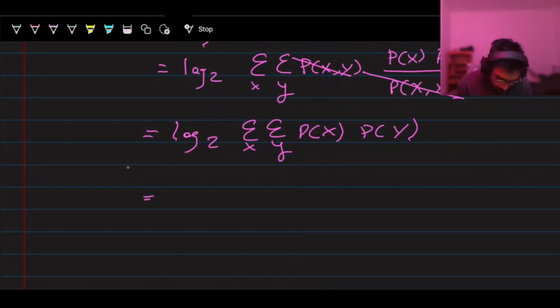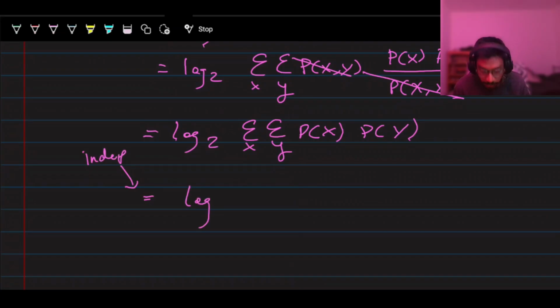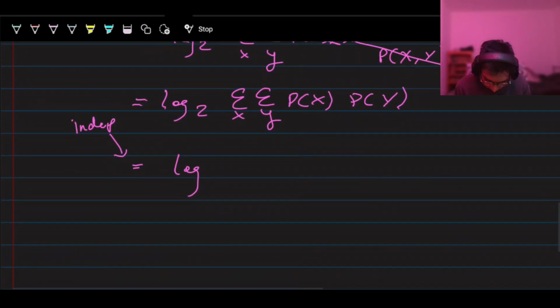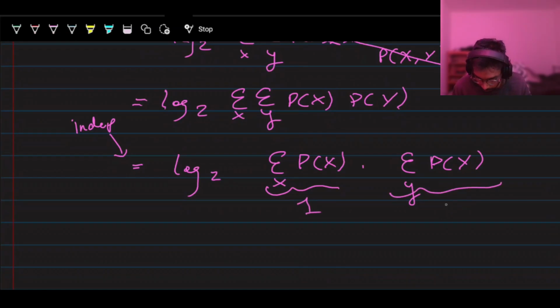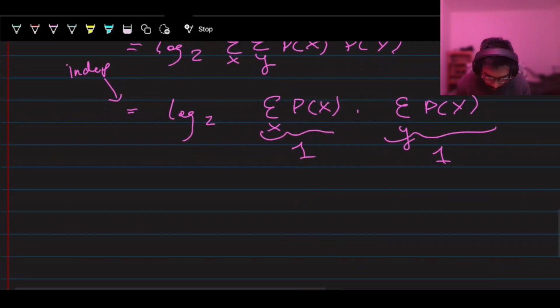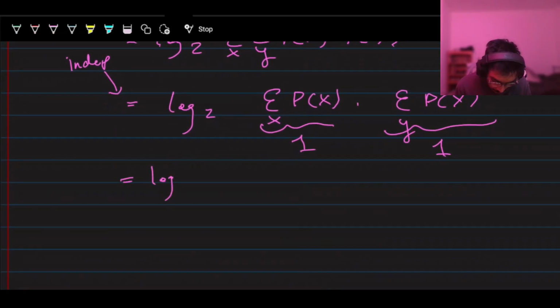By independence, this is the log of the sum of p of x over all x's times the sum of p of y over all y's. Summing a PMF over all of its x values should equal 1, and summing another PMF over all of its y values should be 1. So this ends up being the log base 2 of 1, which equals 0.